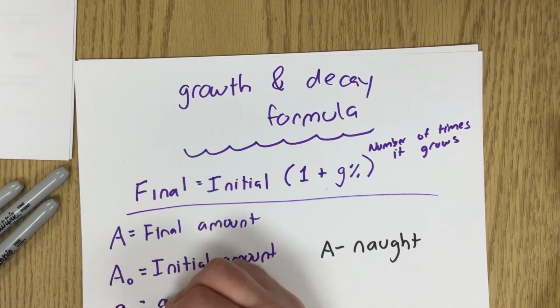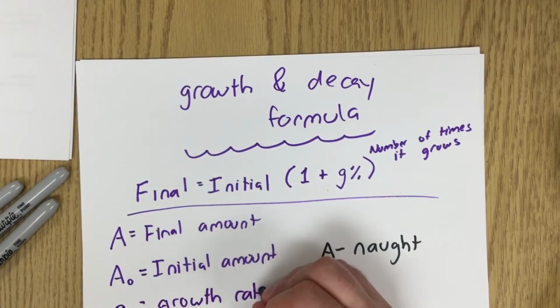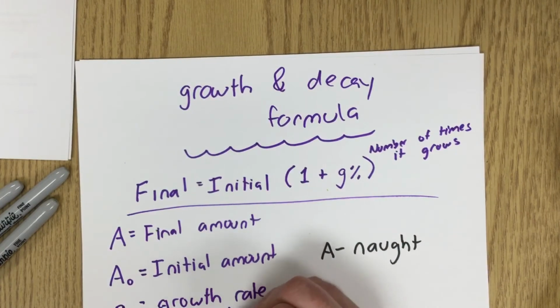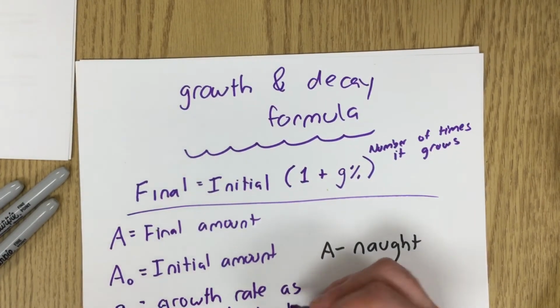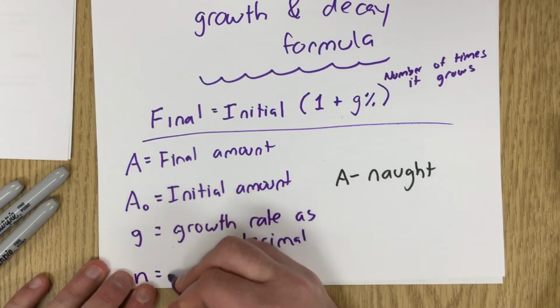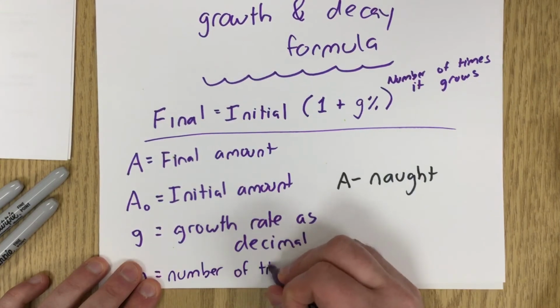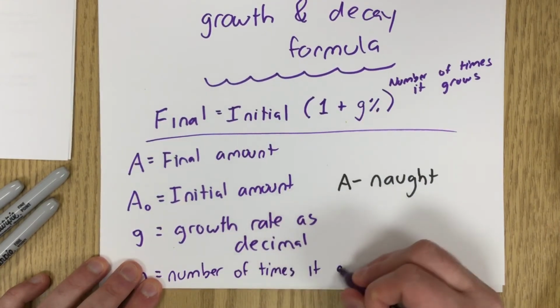We're going to say that G is the growth rate as a decimal. And we're going to say that N is the number of times it grows.